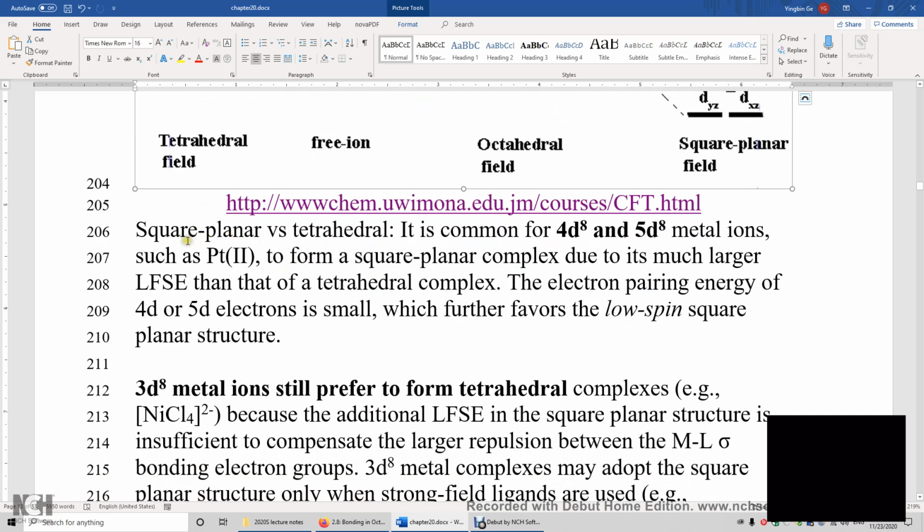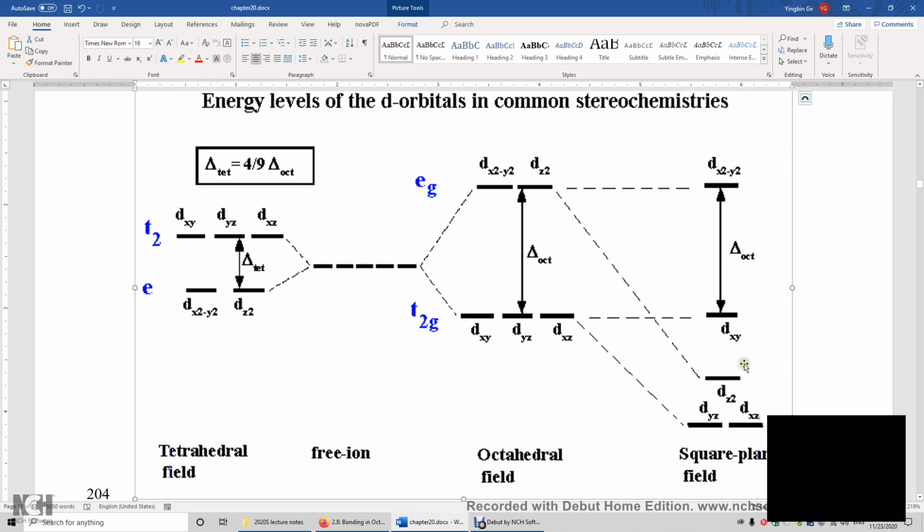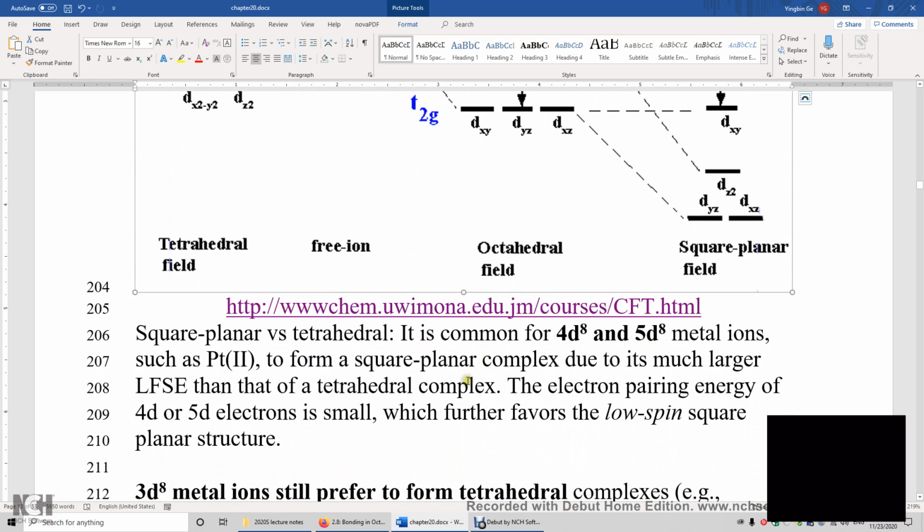So again, let's compare square planar complexes and tetrahedral complexes. When you have 4d8 or 5d8 metal ions, it's more likely to form a square planar complex with 4 ligands. And this is because of the large energy decrease from here to here after removing the 2 negative charges along the z-axis. Okay?